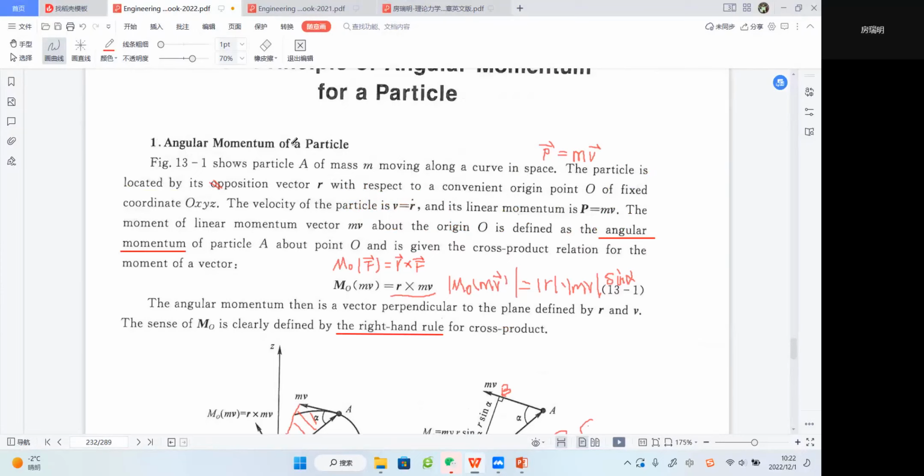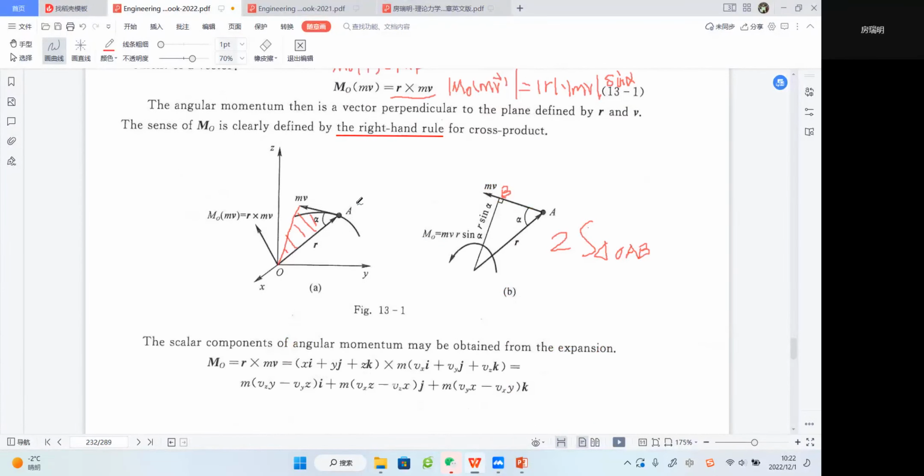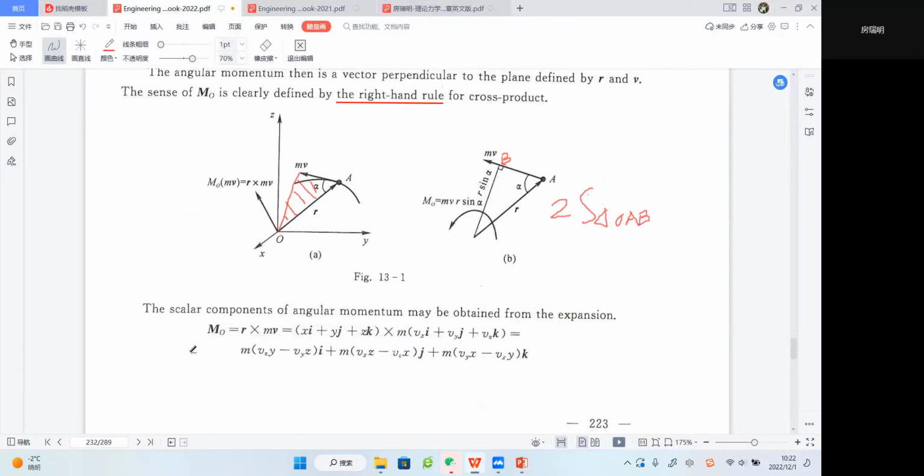So you can guess its logic path. When we finish learning about a particle, we will move into a system of particles, right? So first we should know its concept. The scalar components of angular momentum may be obtained from the expansion.